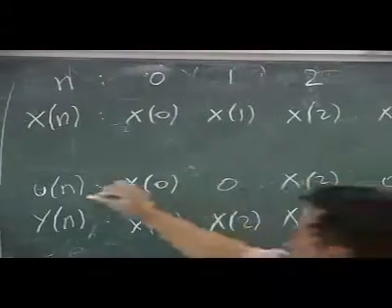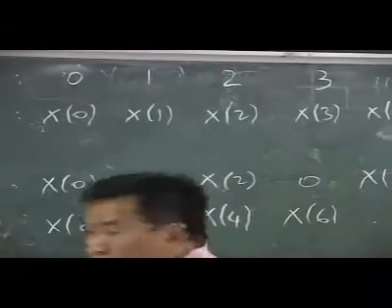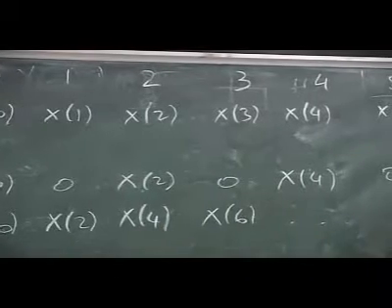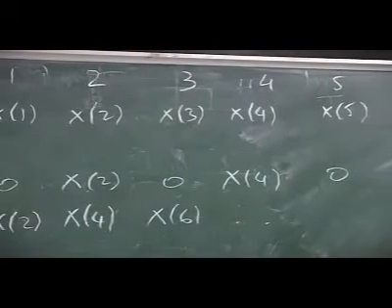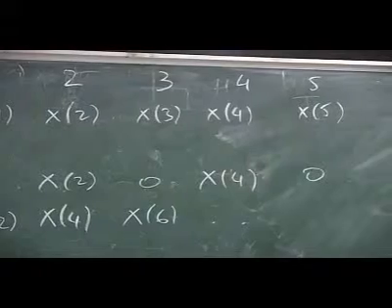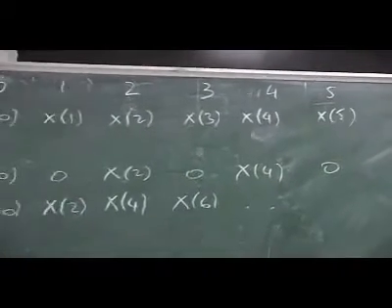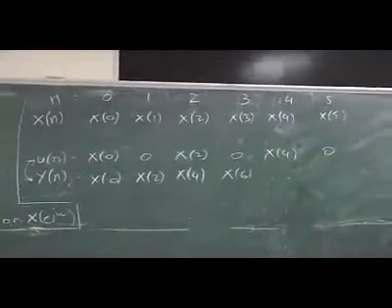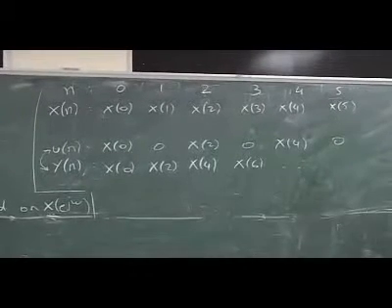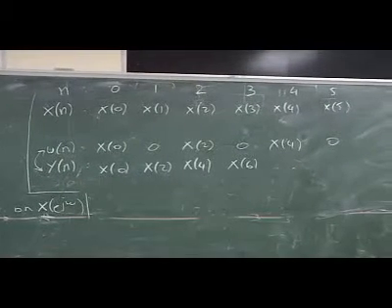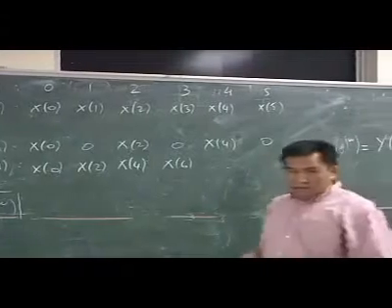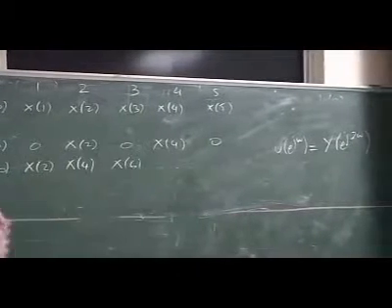So y and u are related together in the frequency domain. Right? But what is it? What is u of e to the j omega equal to? Y of e to the j 2 omega. I'm going to relate u to x. And then we're done.